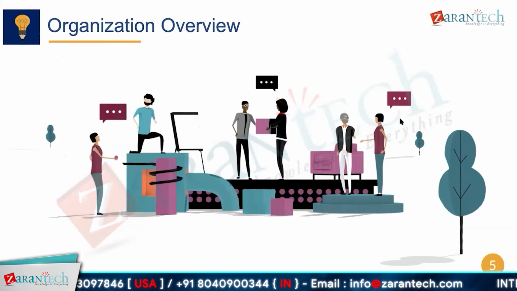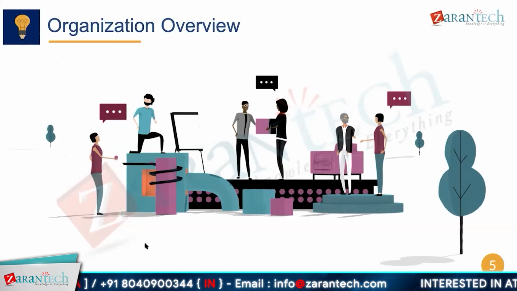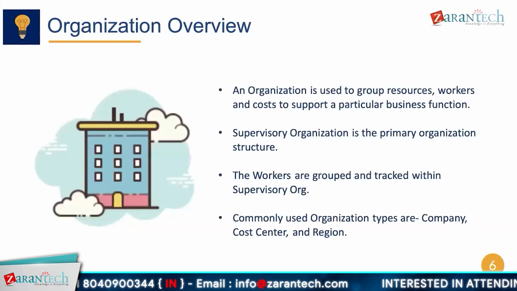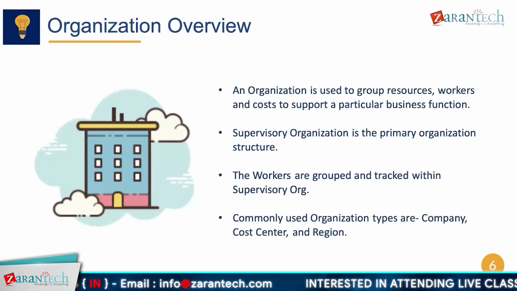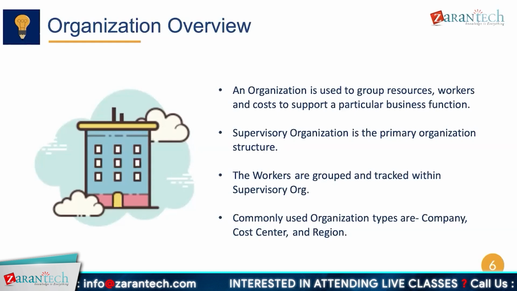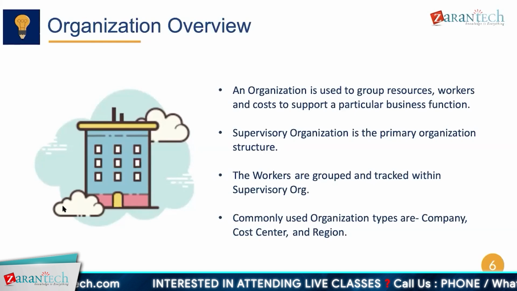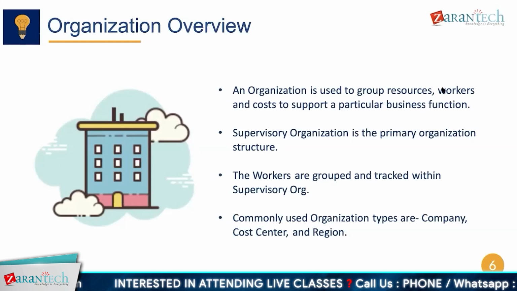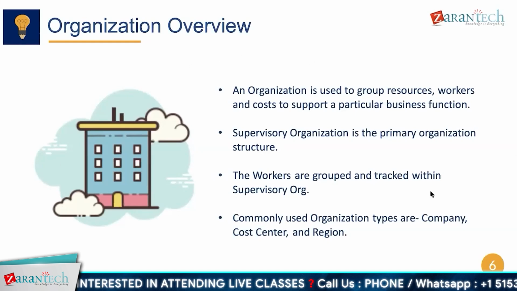So these are different subtypes of organization. Organization always has a particular purpose. There are workers, there are different costs associated with a particular organization, and usually organizations are divided in business functions.